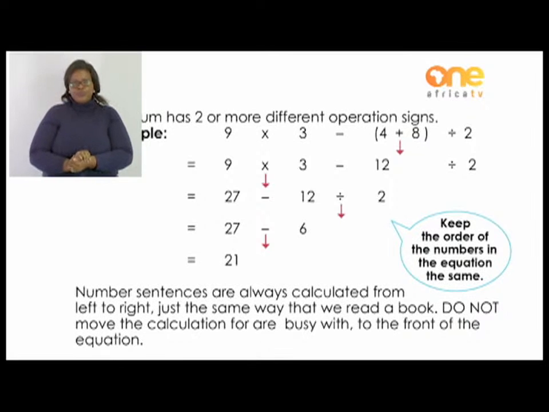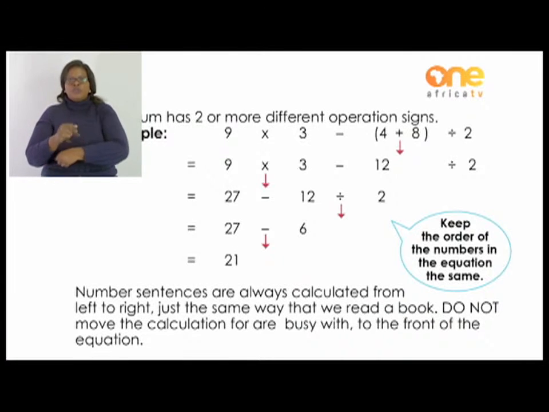So what is the first operation that we'll do? According to BODMAS, we first find whether there are brackets in the sum. So the first operation we will do will be the operation in brackets. What do we have in brackets? 4 plus 8. So 4 plus 8 equals 12.